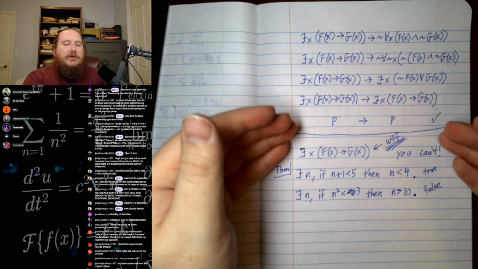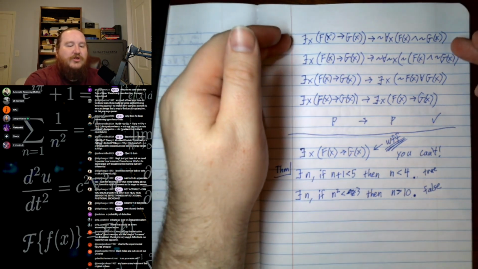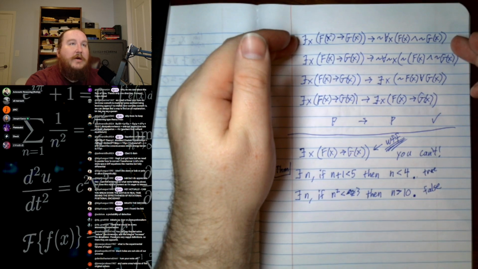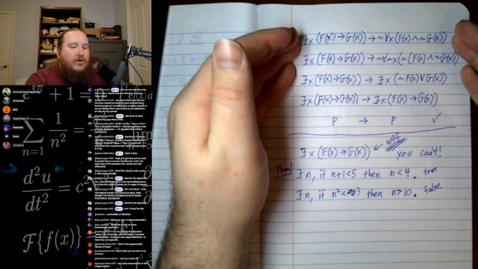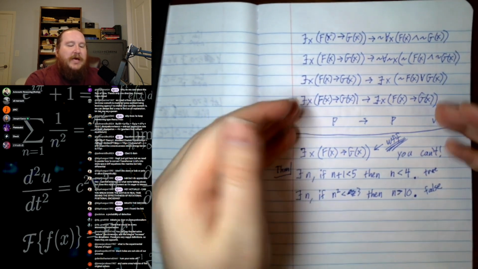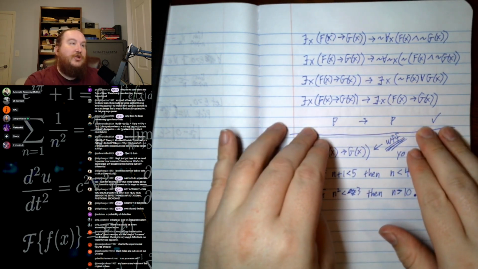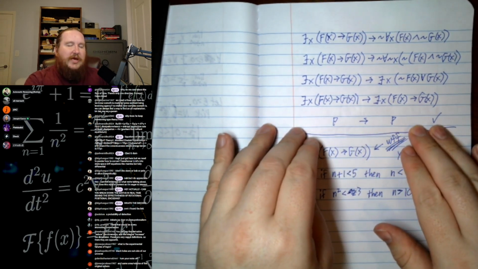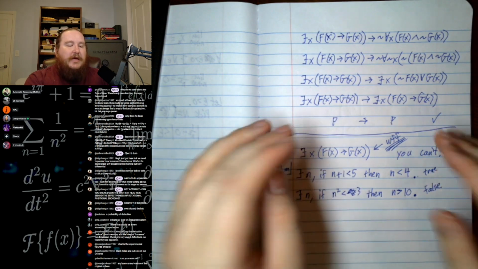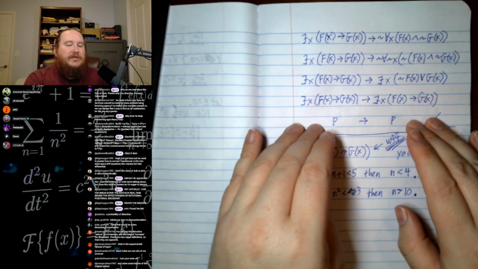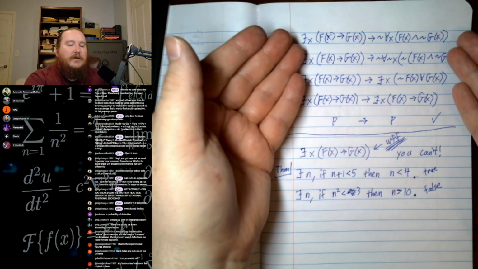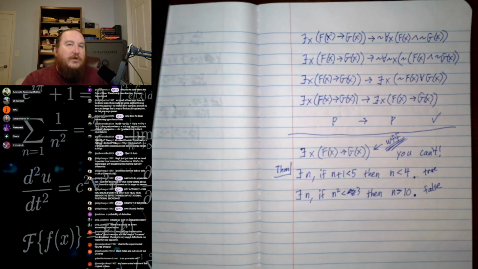So what you're experiencing here is first order logic. If a first order logic statement can be manipulated into a zeroth order logic statement, and that zeroth order logic statement is a tautology, we call that statement in first order logic also a tautology.